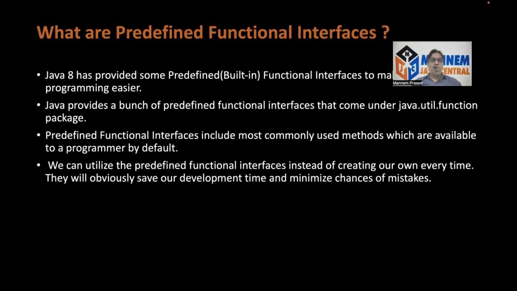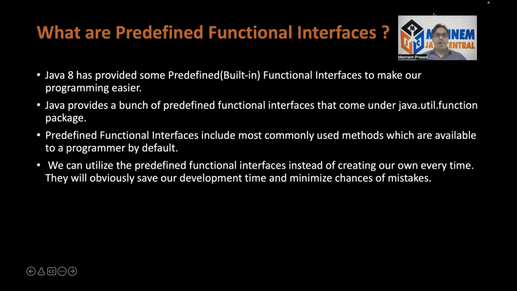Next. So what are predefined functional interfaces? Java 8 has provided some predefined, meaning built-in, functional interfaces to make our programming easier. Java provides a bunch of predefined functional interfaces that come under the java.util.function package. Predefined functional interfaces include most commonly used methods which are available to the programmer by default.